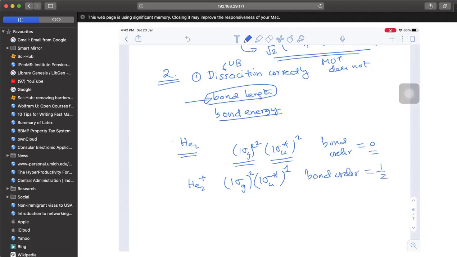And you expect that the system is quite stable. He2 plus, which is an ion, can exist, and it does exist actually. You can make it.